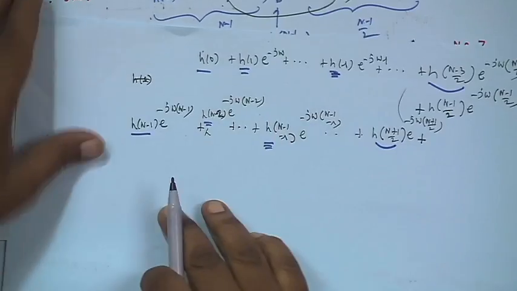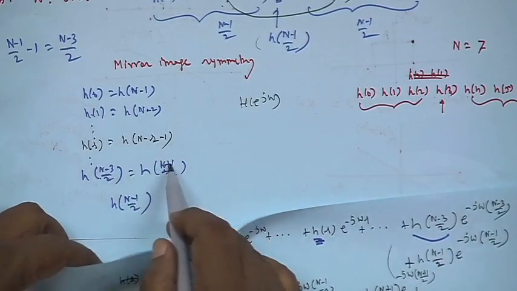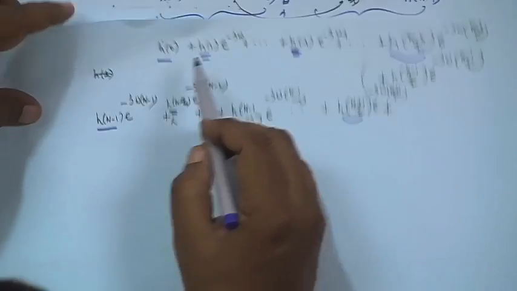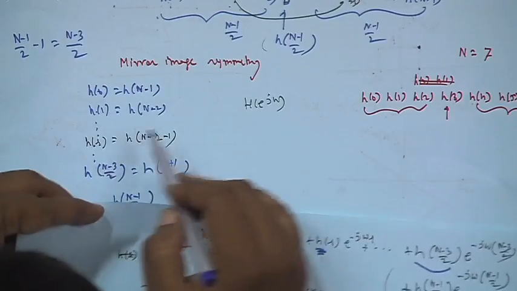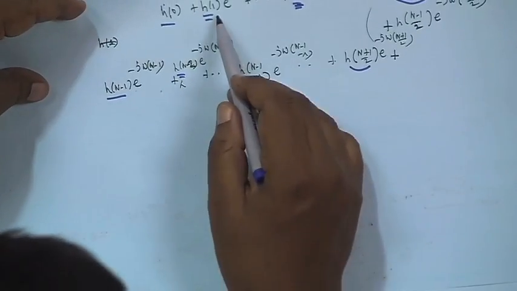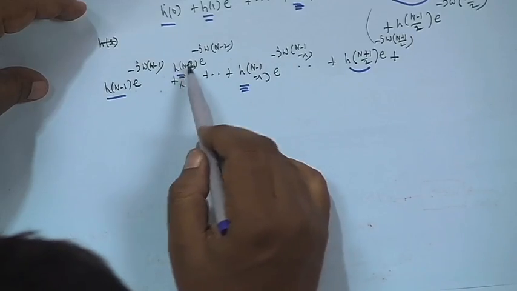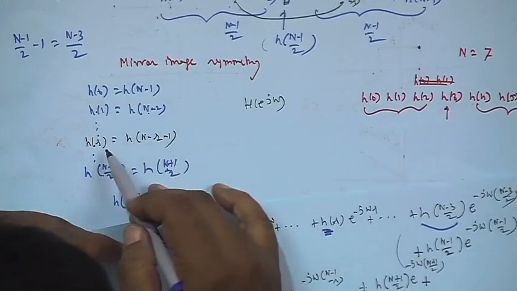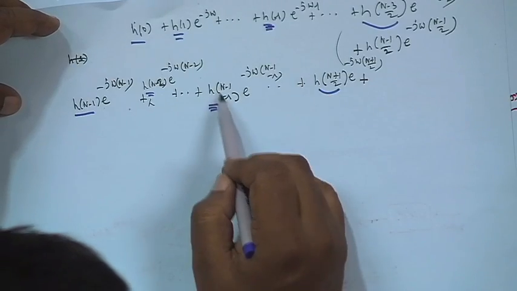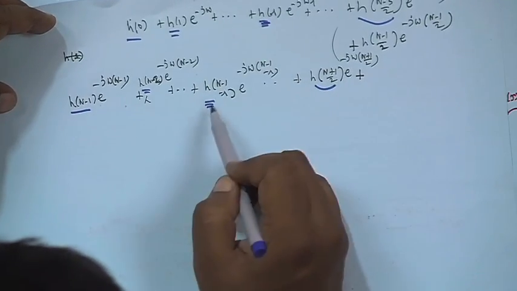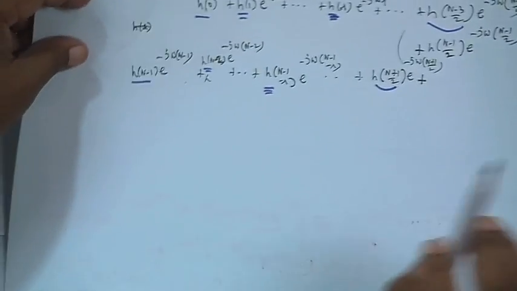These coefficients are the same because of this mirror image symmetry condition I have imposed. h0 is the same as h_{n-1}. So, h0 and h_{n-1} are the same, I can write it as h0 only. h1 is h_{n-2}, so I can write this as h1 only. h_r is the same as h_{n-r-1}, so I can write this also as h_r.